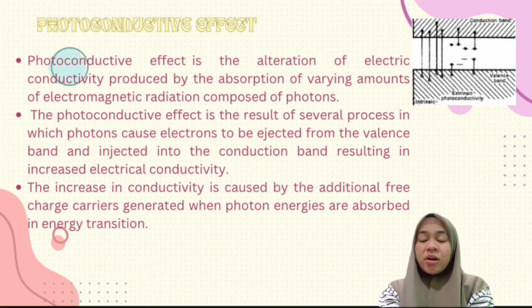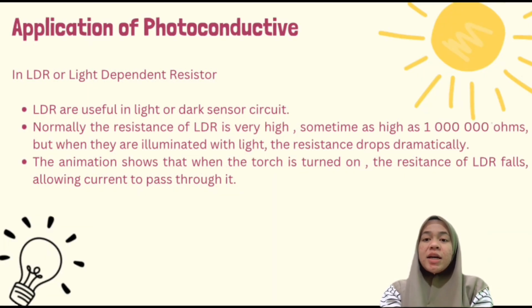The increase in conductivity is caused by the additional free charge carriers generated when photon energy is absorbed in energy transition. Next, I will explain about the application of photoconductive.